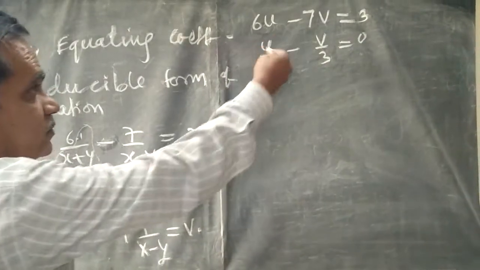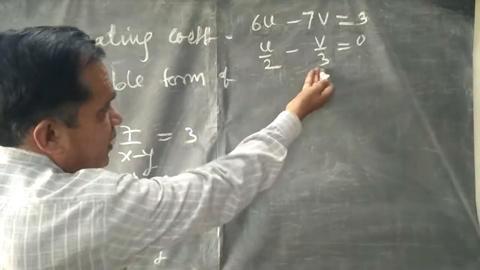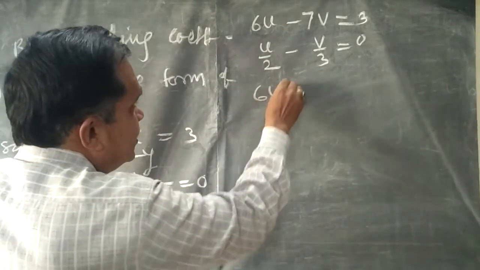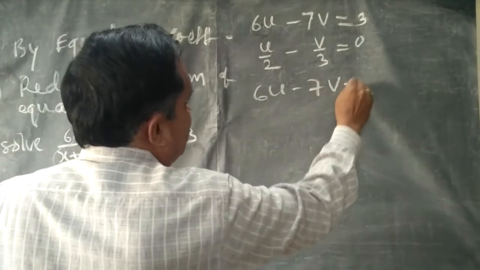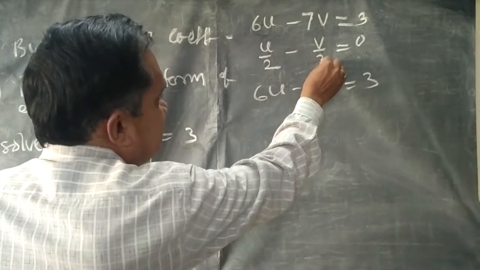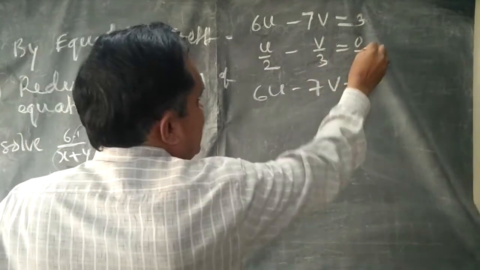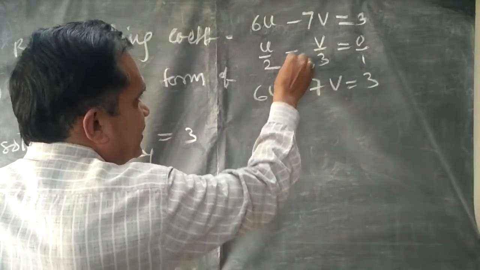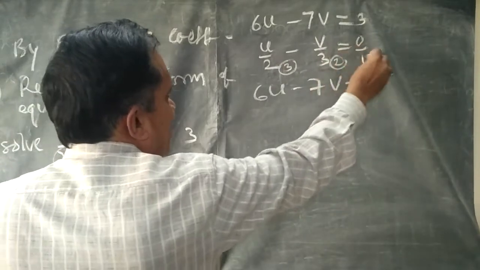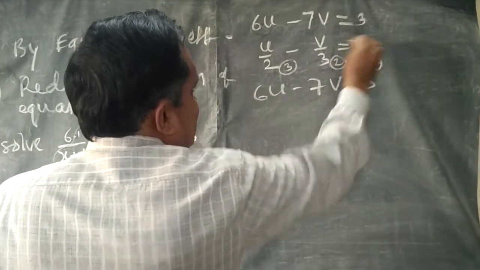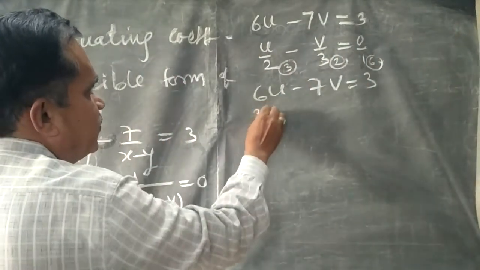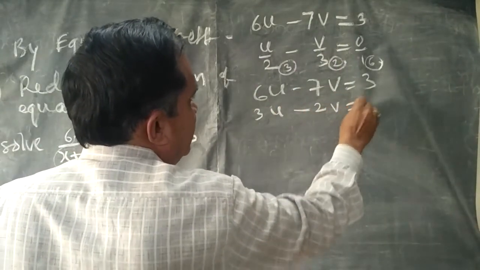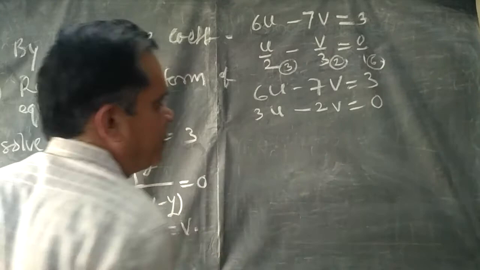Now we are again, this denominator, we can change. Yes or no? So I am rewriting this: 6u minus 7v equal to 3. Here the LCM of 2, 3, 1 is 6. So I am multiplying this by 6, so 3u minus 2v equal to 6 into 0, 0.